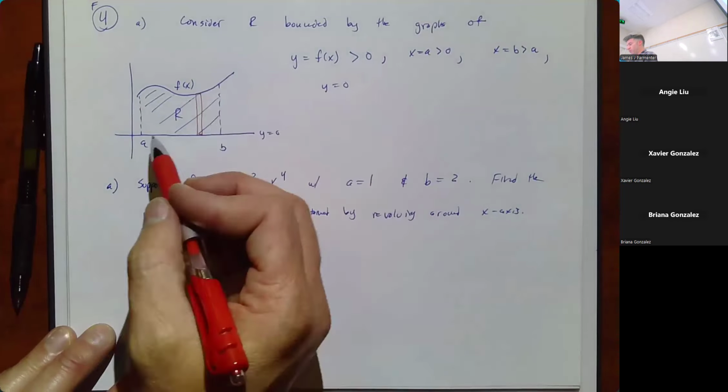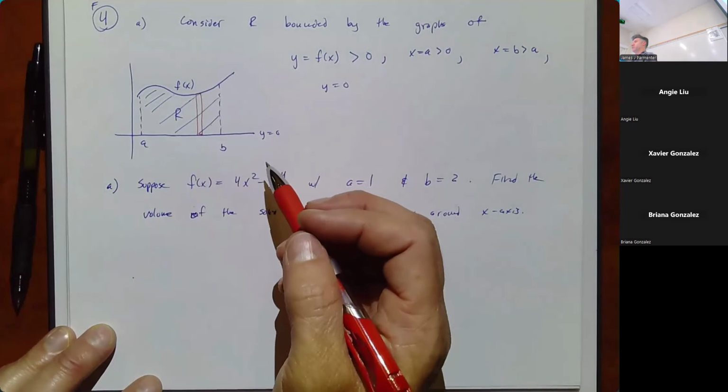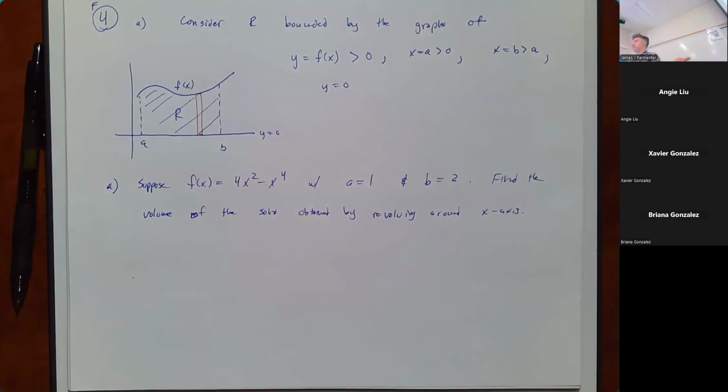Since our strip is perpendicular to our axis of rotation in this first problem, what method do we have to use? Is it shell or is it disk washer? Disk washer, specifically disk, because our region is flush with our axis of rotation.